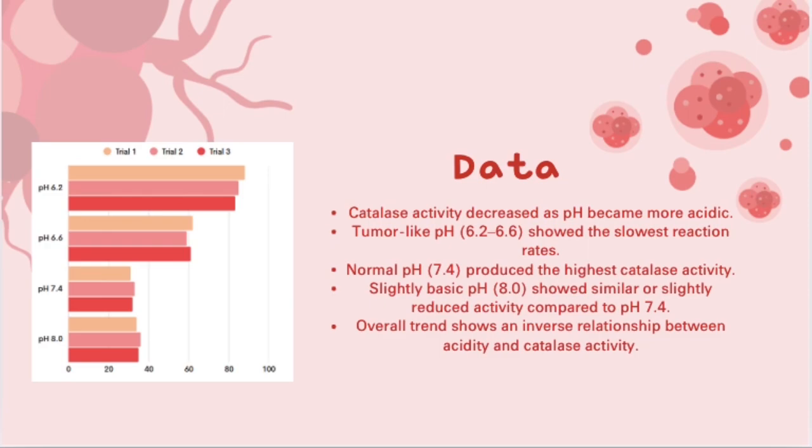At pH 6.6, the discs floated faster, but were still slower than normal conditions, with a mean of 60 seconds. The fastest reaction occurred at normal physiological pH 7.4 with a mean of 32 seconds, while slightly basic pH of 8 showed similar or slightly reduced activity with a mean of 35 seconds.